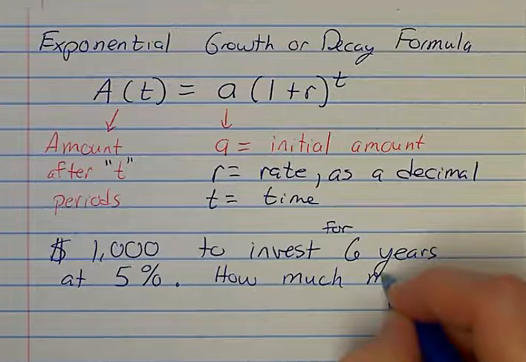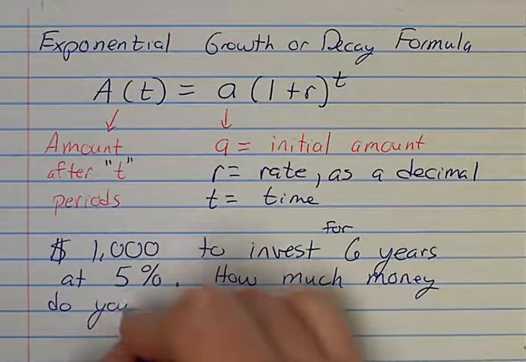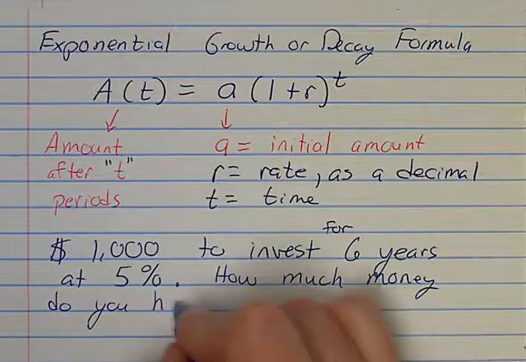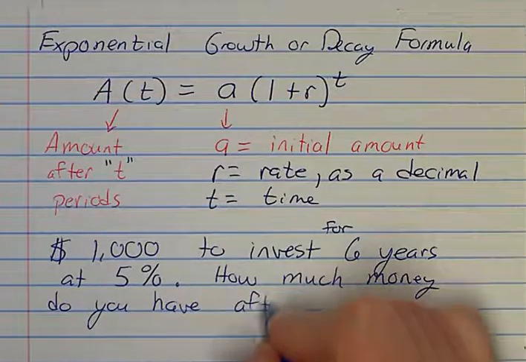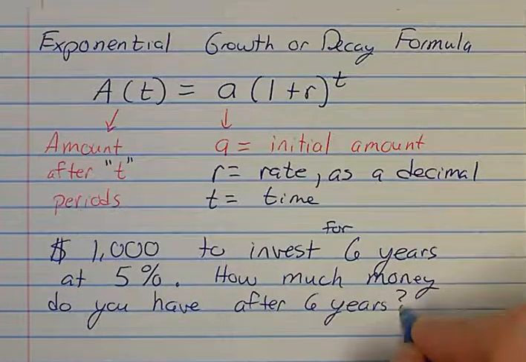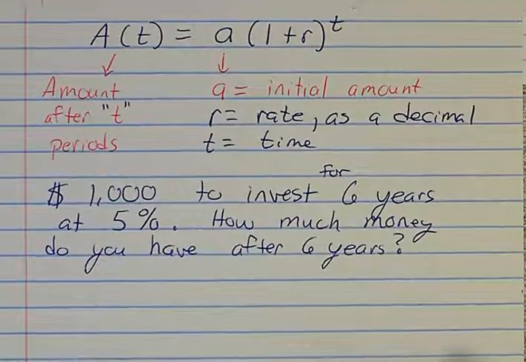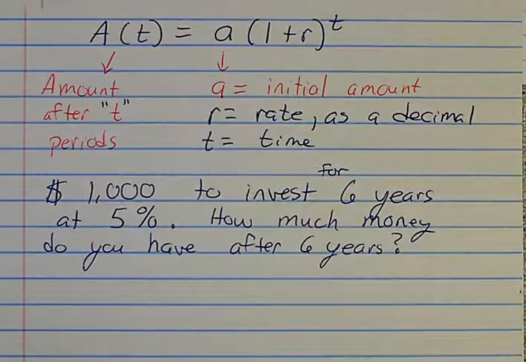How much money do you have after 6 years? So here's a pre-graduation present that you'll have when you graduate from college in 6 years, because you're in high school now. So give yourself a year or two to finish up.